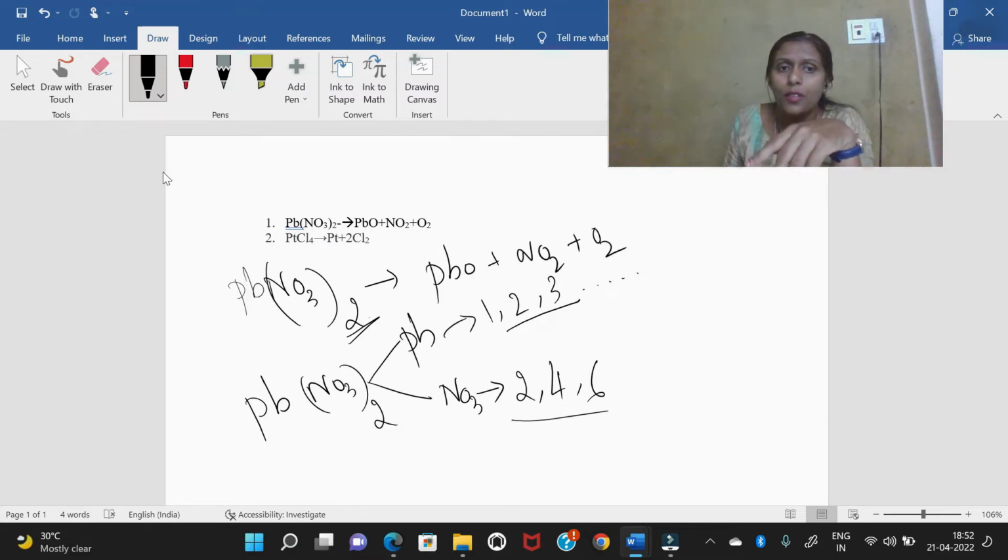So if you look at the second equation, PtCl4 giving Pt and 2Cl2. Look, at the supply side, it is 4. So in one bag there are 4 chlorine, right? It means every time I am supplying, it will be in terms of 4, 4, 4, 4, 8, 12, 16 and so on. Look at the demand.